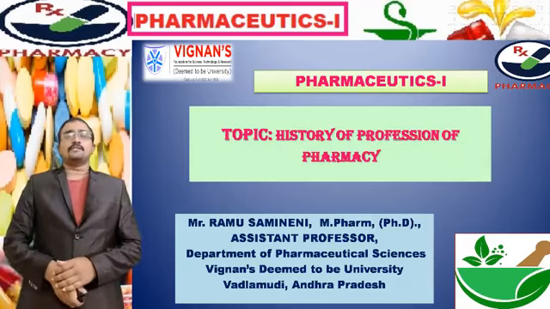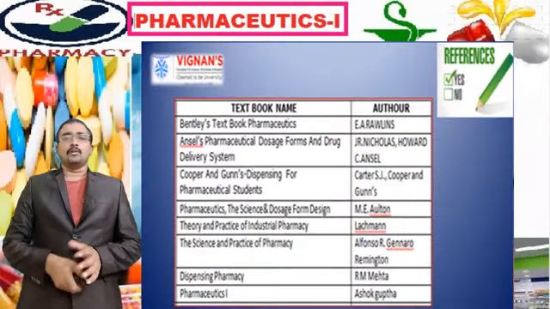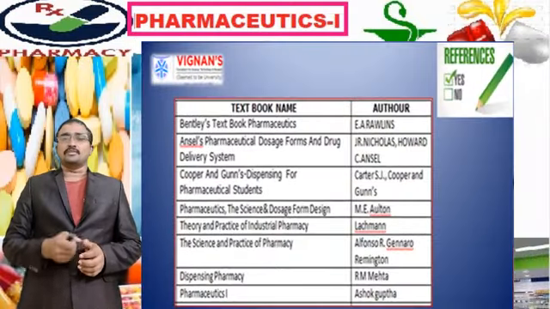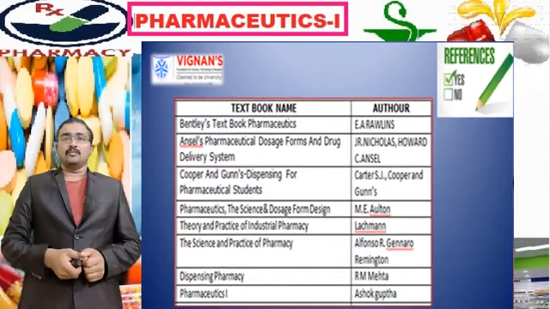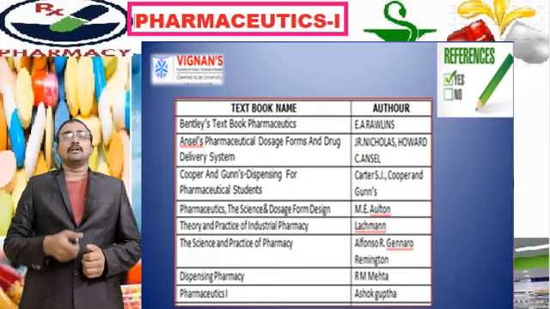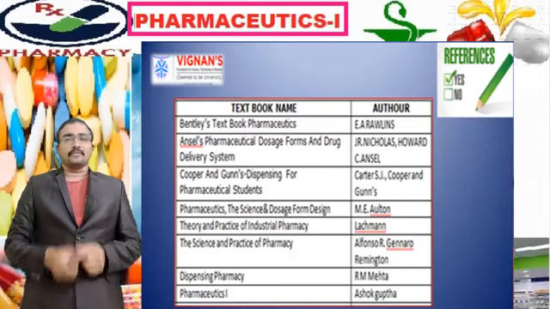These are the references I followed for the content development, related to the pharmacy profession, its opportunities and scope, pharmacy and pharma industries, organizations, and job roles in the government and private sectors.